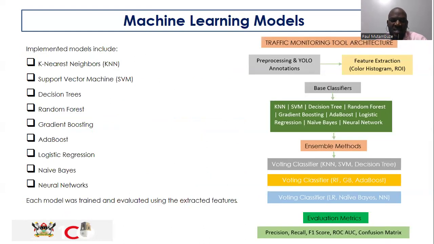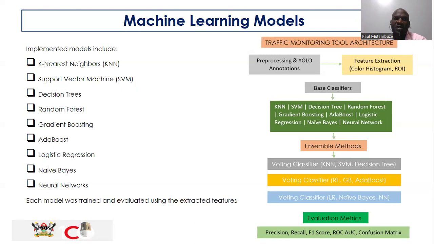Now the machine learning models, the base architecture for the base models that we use. This is the architecture that we have, where we pre-process the data set, and we annotate using YOLO, then we do feature extraction.